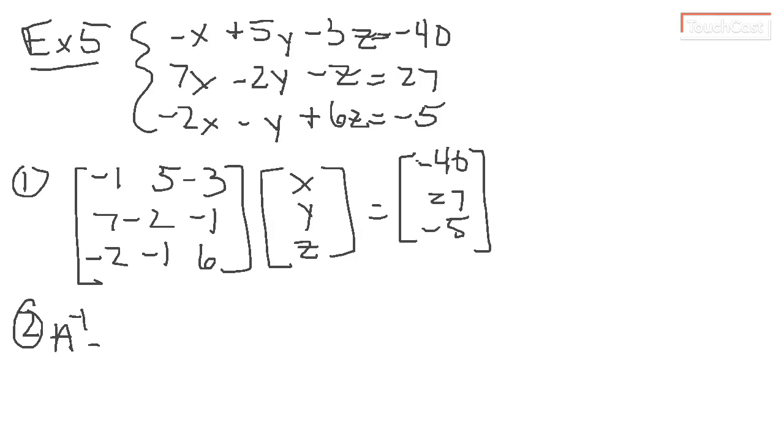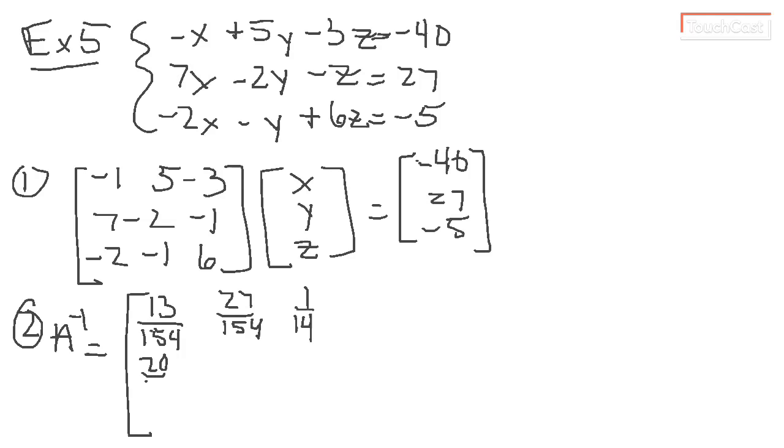So our inverse matrix is going to be 13 over 154, 27 over 154, 1 over 14, 20 over 77, 6 over 77, and 1/7.